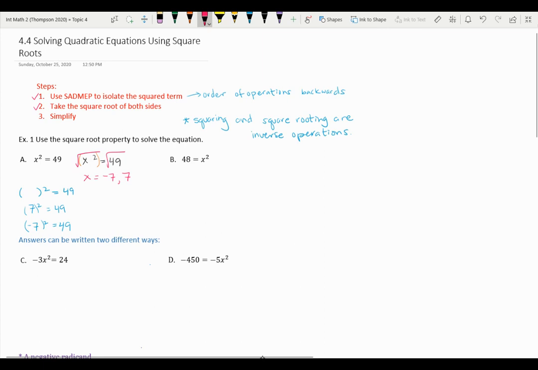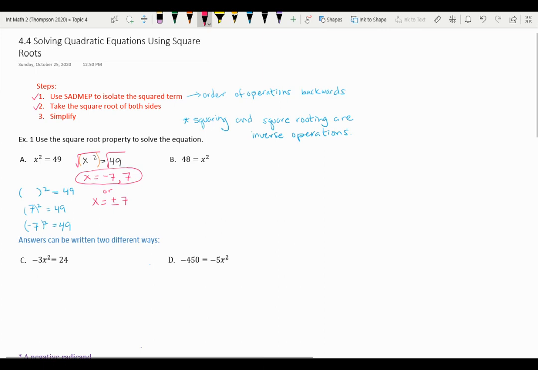So we can write this in different ways. I can write x is equal to negative 7, comma 7. Or I can write this as x is equal to plus or minus 7. It depends on what platform you're using. For example, if you were doing this on the online homework, there is a plus or minus button, so if you go to the keyboard, you can type in the plus or minus 7 button.